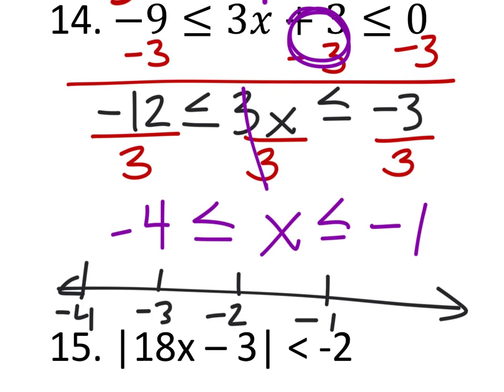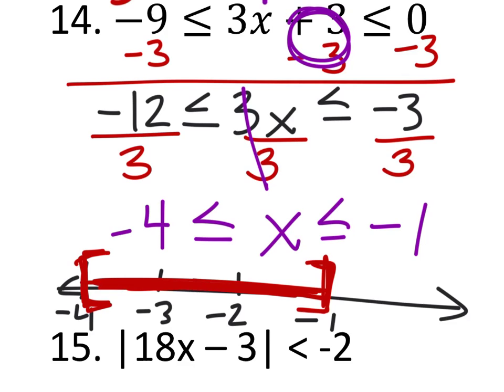Well, x is greater than or equal to negative 4, so we do need our square bracket, but it's less than or equal to negative 1, so also a square bracket right here. So it looks like it's going to be everything in between, because if we go farther to the left or the right, this original inequality will not work. You could use 0 for x. It would work for one of these, but not for the other. And it has to work for both on this.